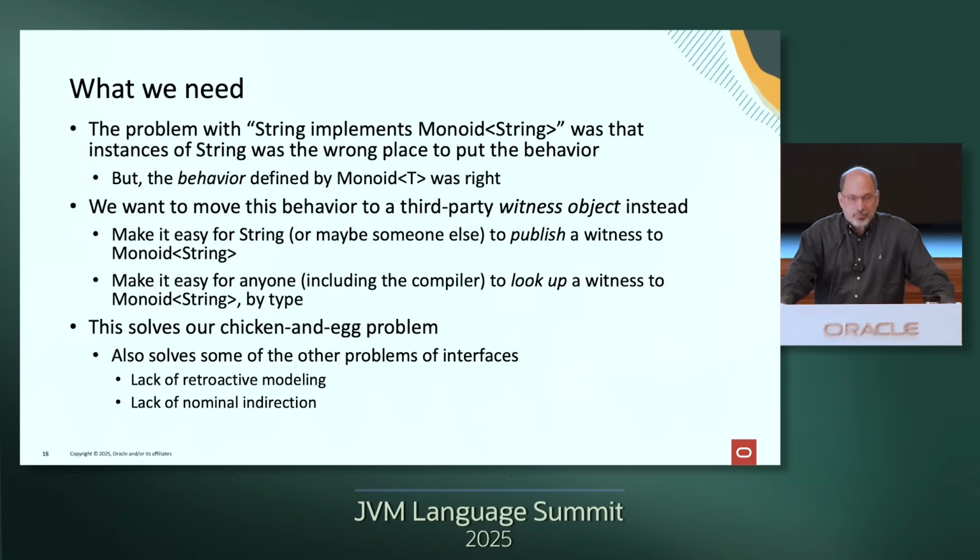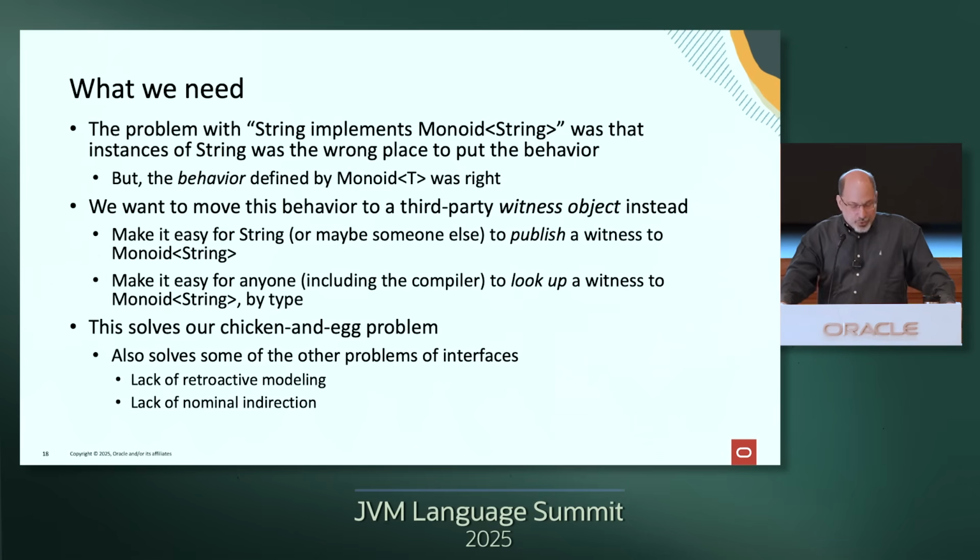So the problem with String implements Monoid<String> was that instances of String was the wrong place to put the behavior. The right place to put the behavior was right, but we'd put it in the wrong place. The right place is to put it on some other object that captures the notion of Monoid<String>, a witness to Monoid<String>. And then we want to make it easy, of course, for String to say, oh yeah, I have a monoid. Like Integer, I have two monoids, addition and multiplication.